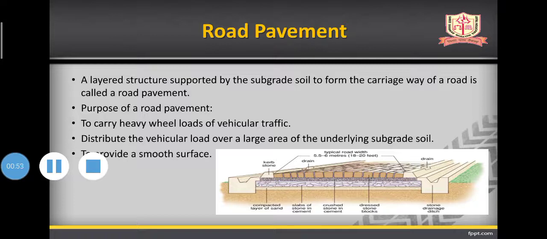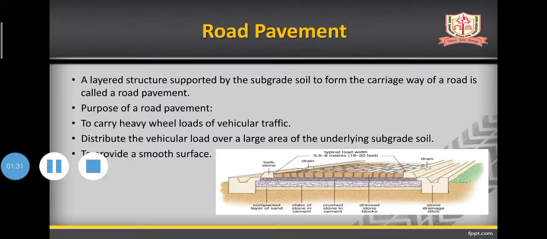It means the road is made up of different types of layers, layers of different material like an aggregate, boulders, etc. And that layer is placed one above the other, and the whole layer has been placed on a subgrade soil, means on a ground level which is well compacted to form a carriageway, means to carry the vehicle on the road, is known as the road pavement.